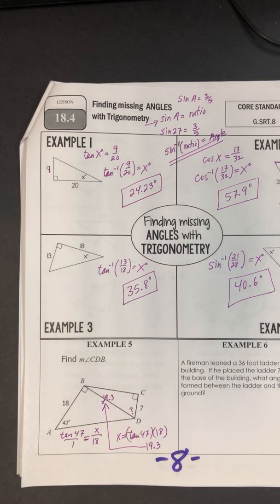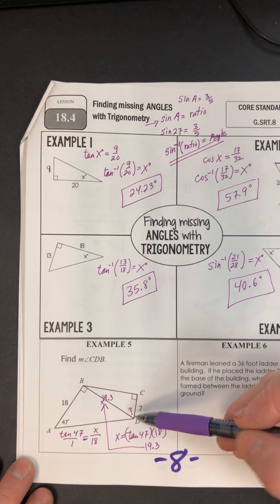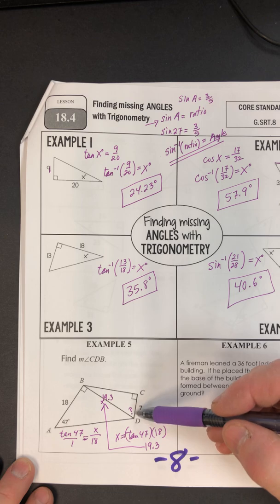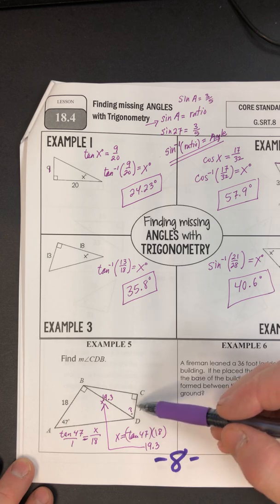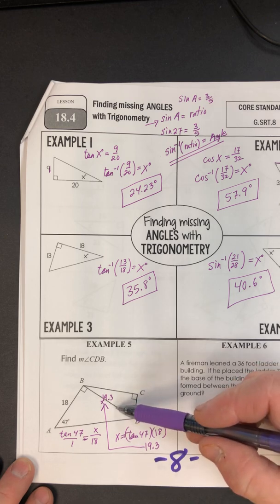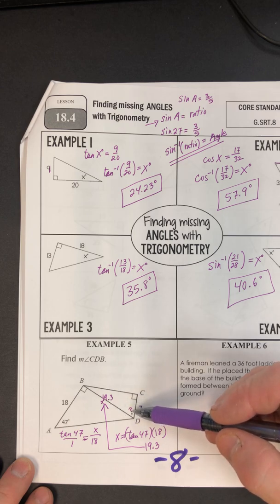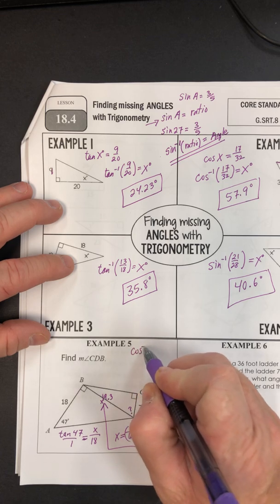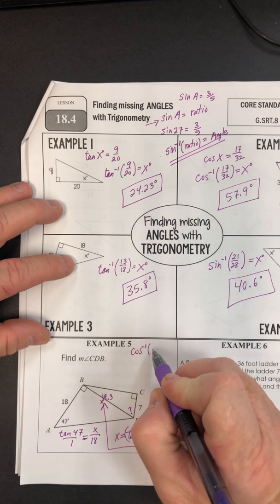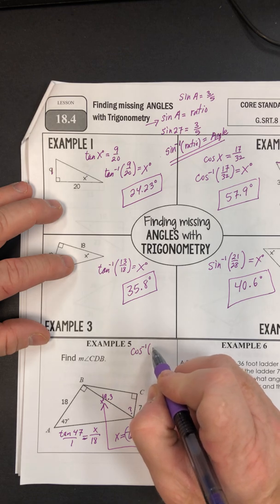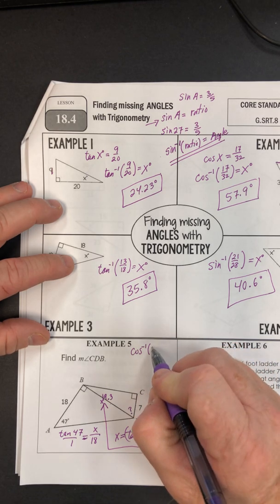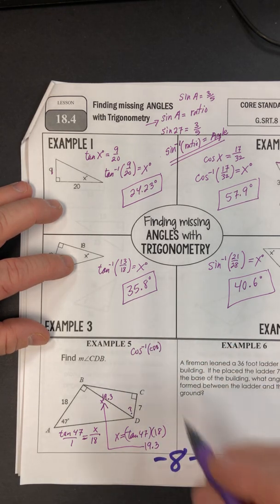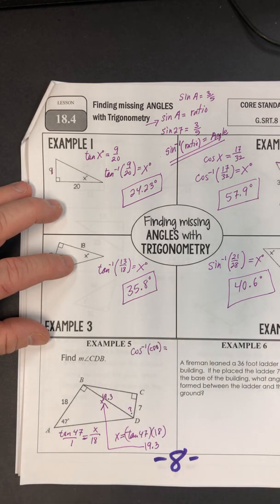Okay, 19.3. So now I can find this angle because I have a side here, 7, and I have the side here, 19.3. And so the relationship from this angle, this is adjacent, and that is hypotenuse. So that means I'm using the cosine function. So inverse cosine now, because I'm trying to find the angle, cosine of the angle CDB.